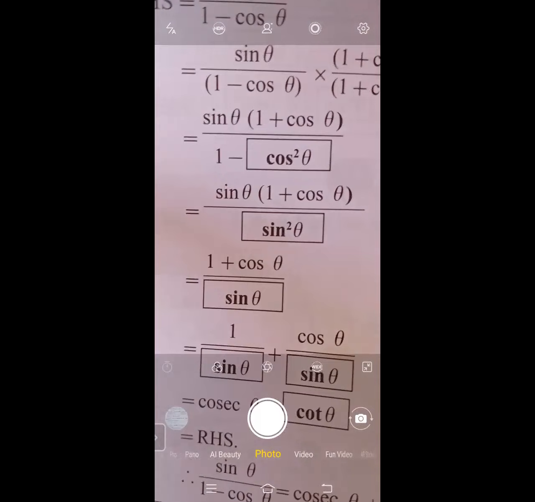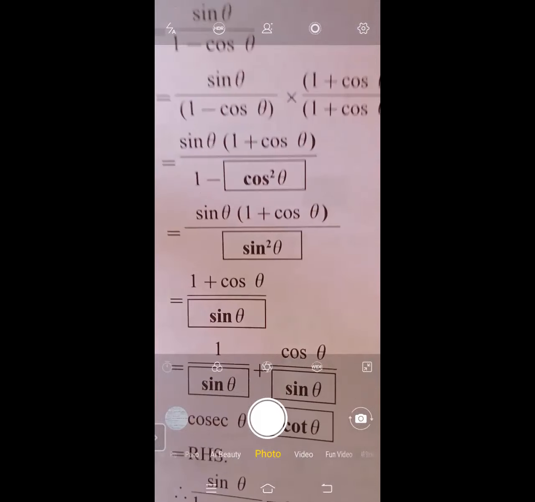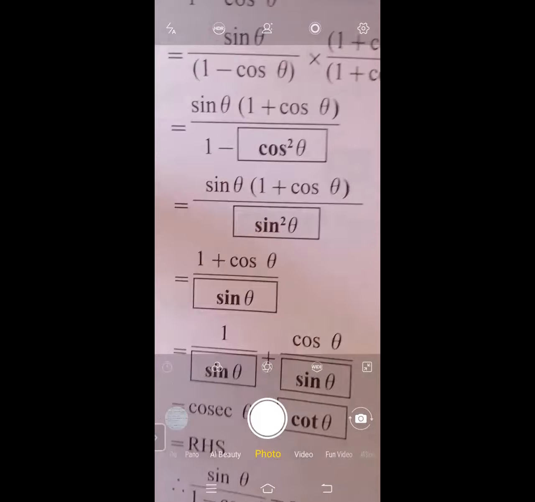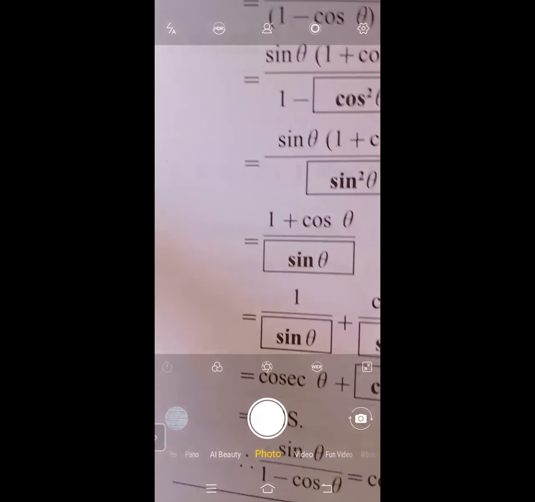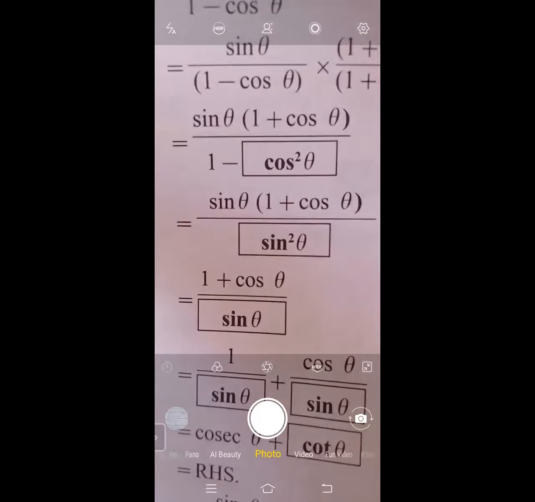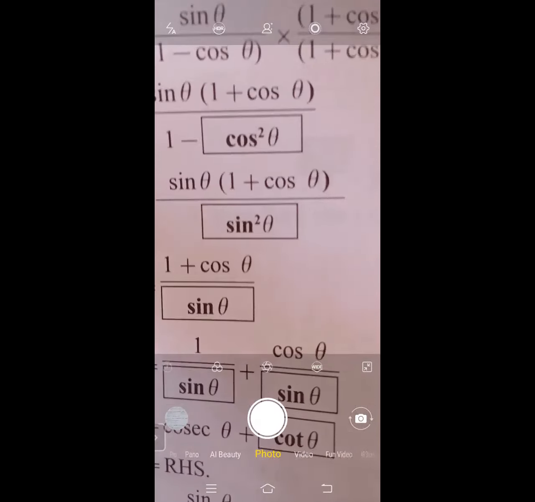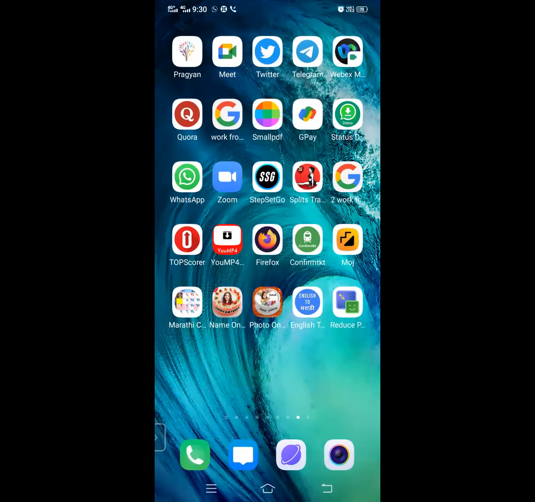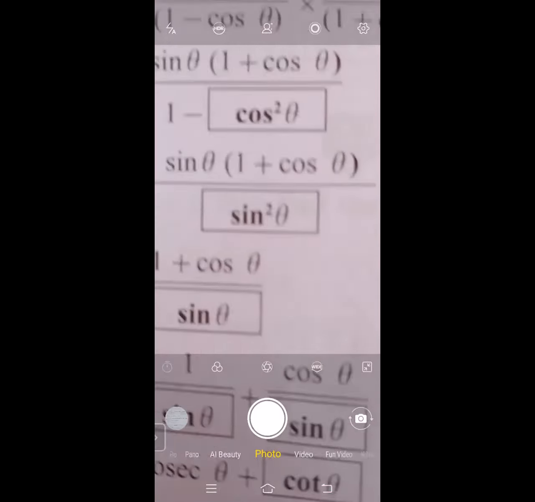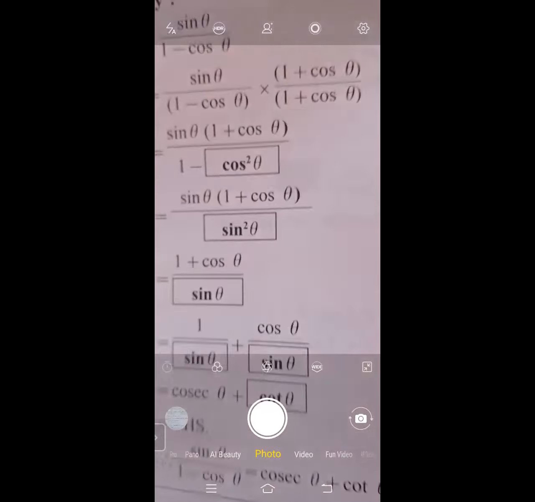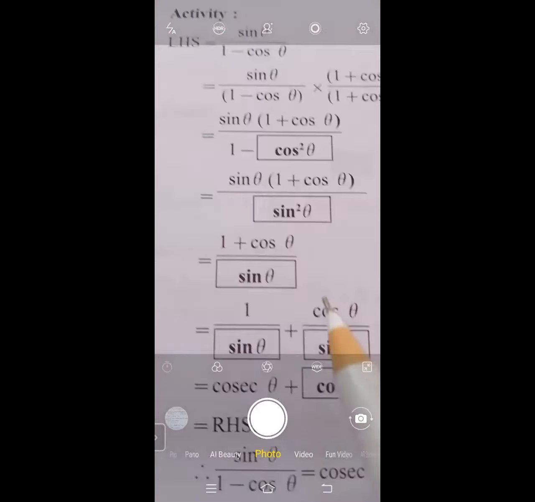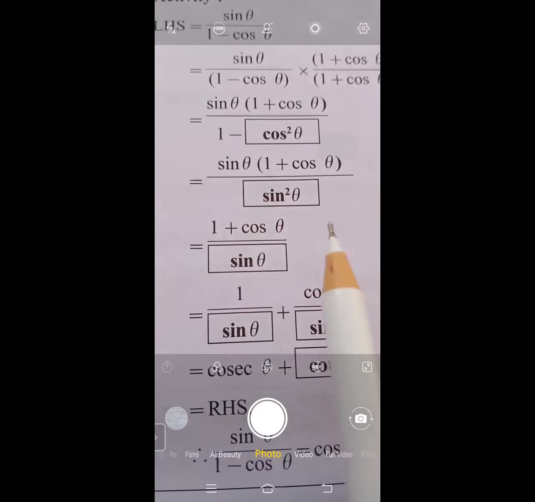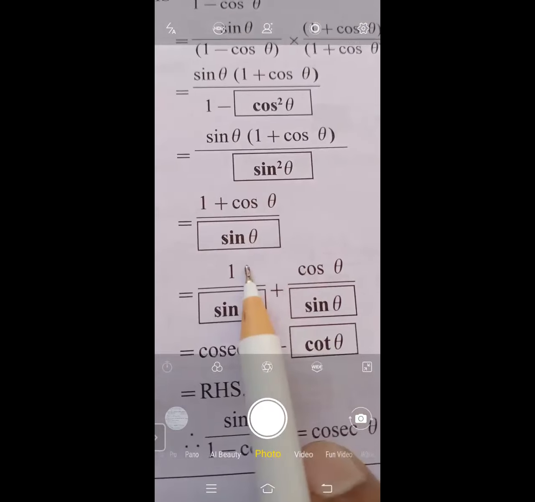You can see that 1 square is 1 and b here is cos theta, so they have written cos square theta. Sin gets cancelled, only one sin is remaining. So 1 plus cos theta upon sin theta.